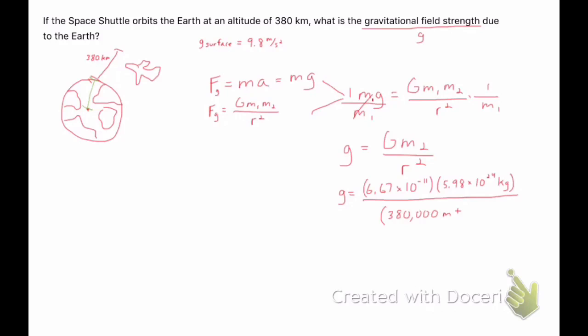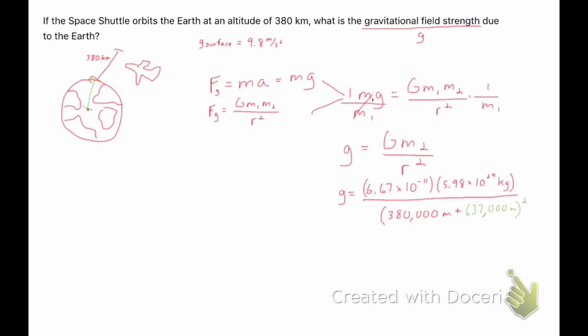Again, we can find that in the reference table. I'll write that in a different color down here also. But from the reference table, it says that the radius of the Earth is 637,000 meters. So that's the distance. The distance is the radius of the Earth plus the altitude of the spaceship. We add them together, and then we'd have to take the square because that's the distance squared.